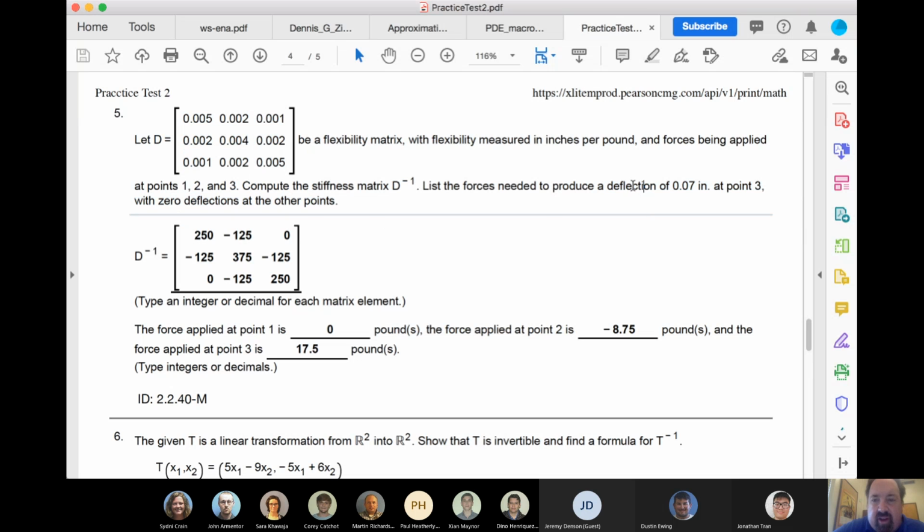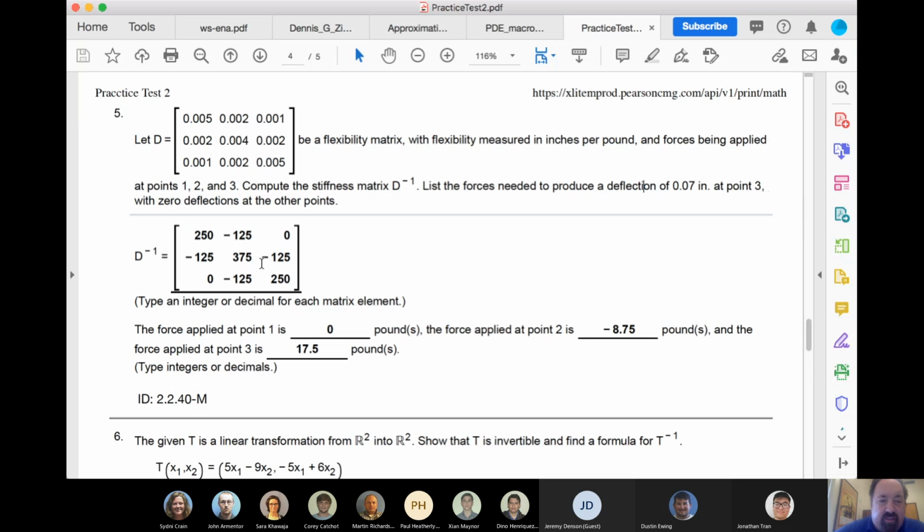Your vector you're multiplying by, in this case, has a 0.07 in the third component, and then 0 in the first two components. So now that's a vector, 0, 0, 0.07. So that's 0.07 times E3, the third column of the identity, which is 0, 0, 1.